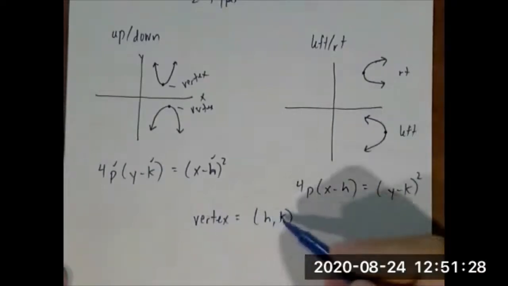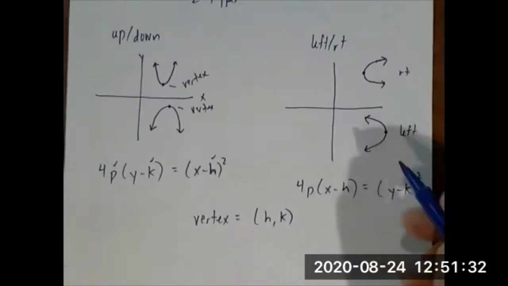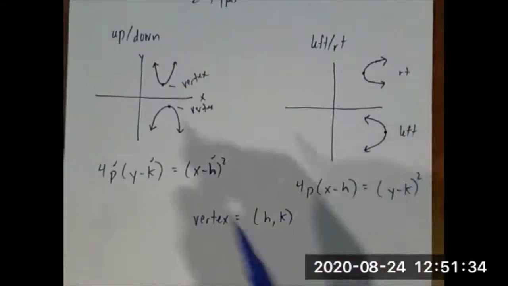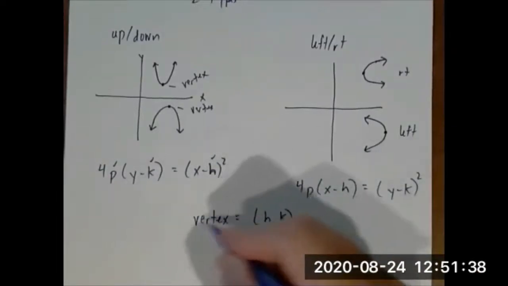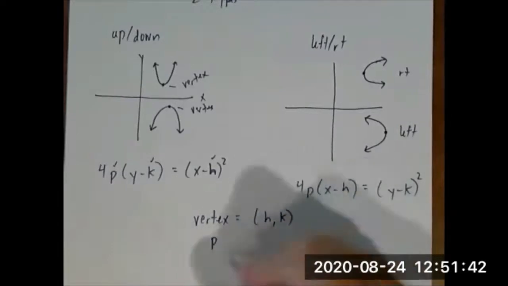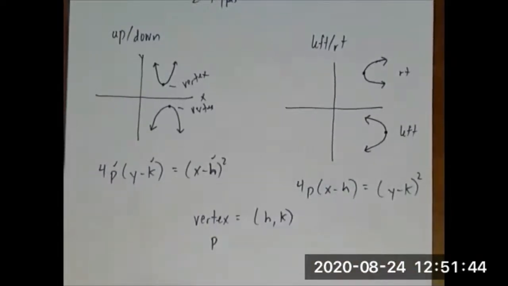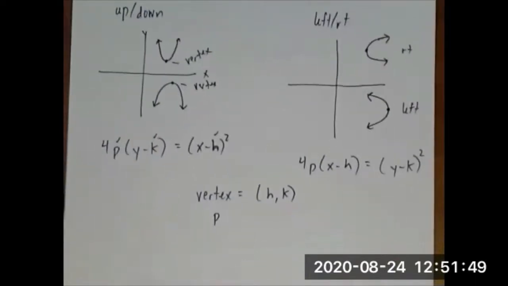This is an ordered pair. This vertex is a point on my graph, and I can find the vertex. So you notice we have h, k, and p. If we find the vertex and we find p, then we have everything we really need in terms of figuring out these parabolas.